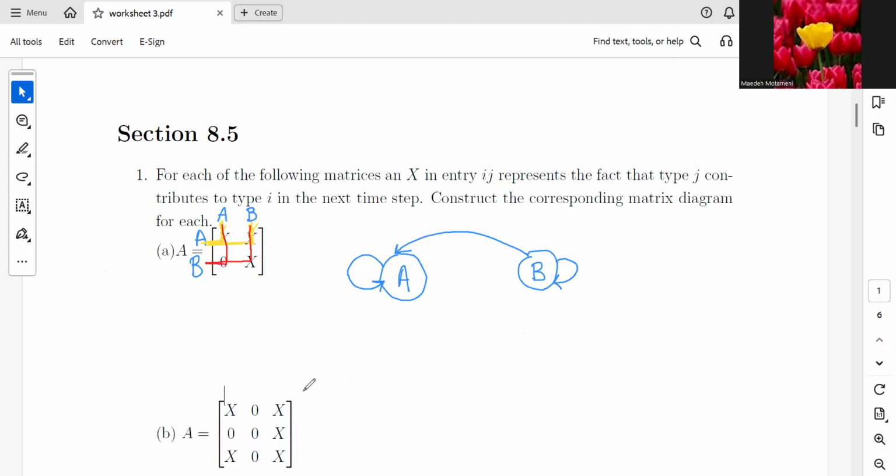Let's do the next one. We have a matrix of 3 by 3, of size 3. So we have A, B, C here, and also we have A, B, C here.